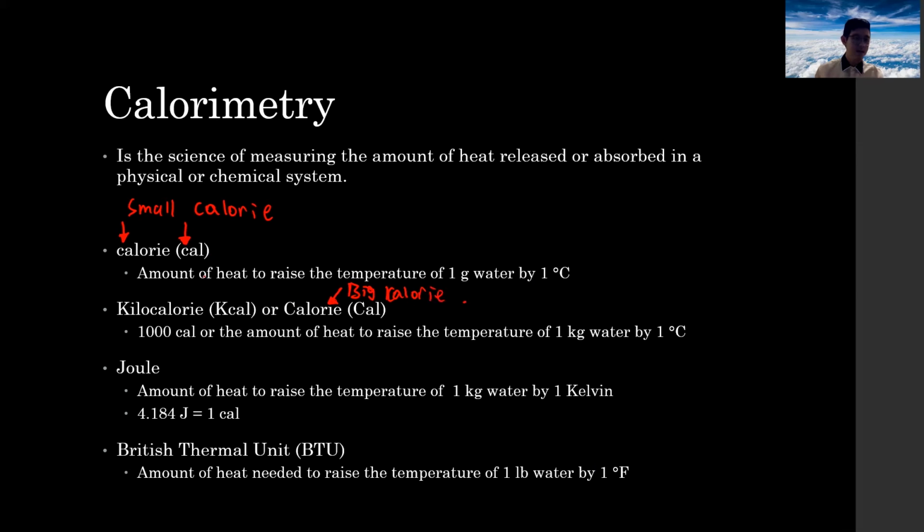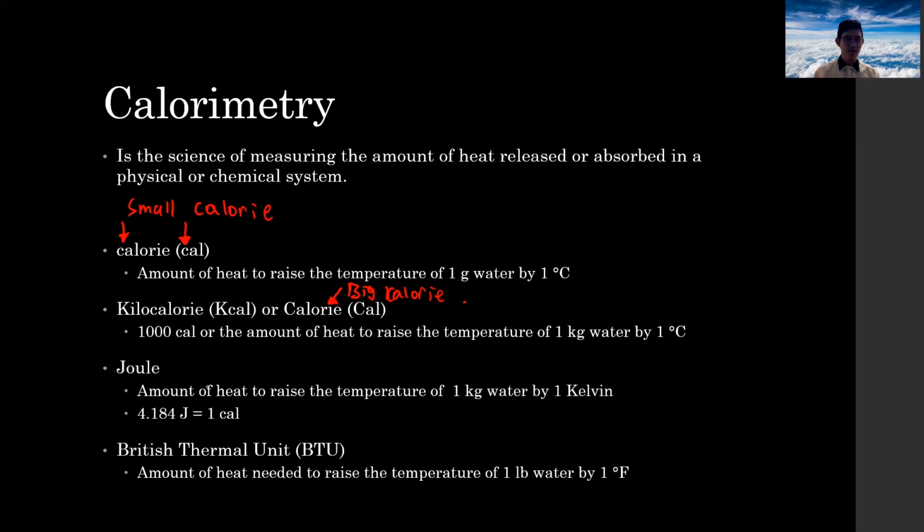Here you see there is the same name, but with a capital letter, it is big calorie. So what is the difference? Here, 1 calorie is the amount of heat to raise the temperature of 1 gram of water by 1 degree Celsius. While here, Calorie or kilocalorie, kcal, equals 1000 calories, or is the amount of heat to raise the temperature of 1 kilogram of water by 1 Celsius. Next is joule.